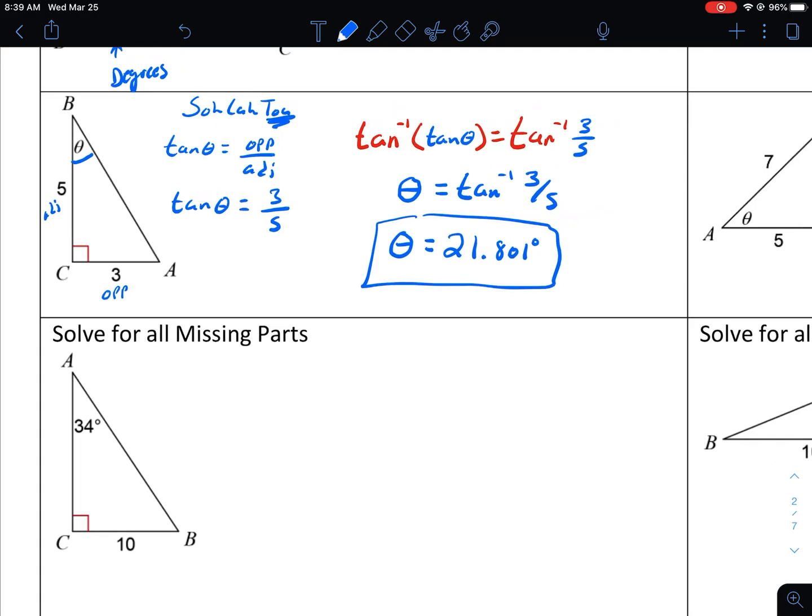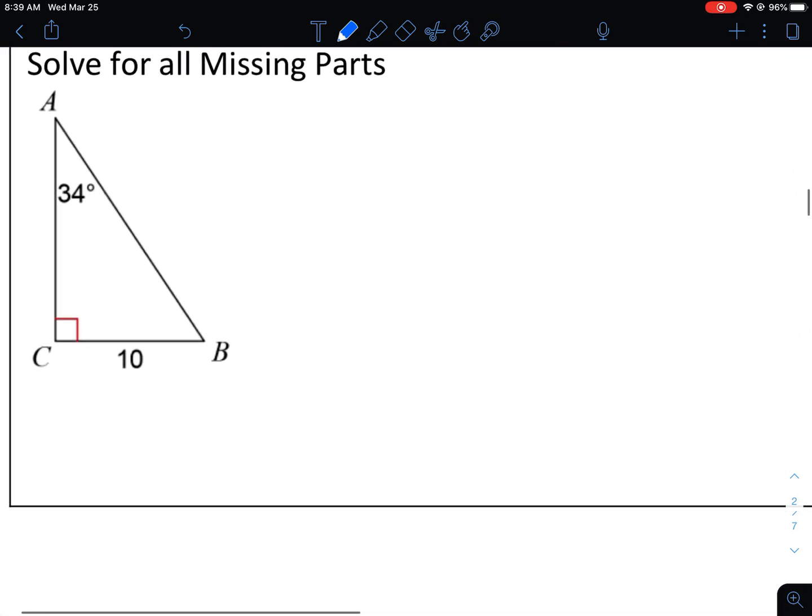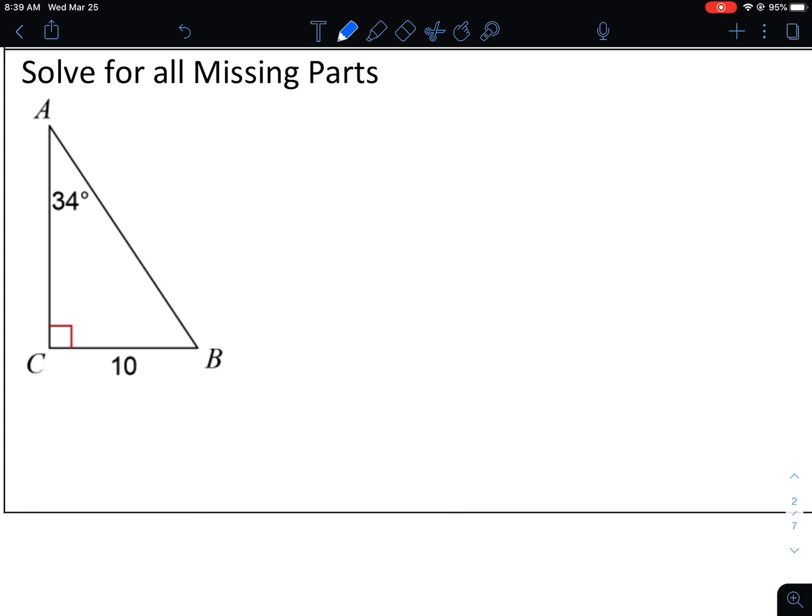All right, let's look at one more of these right triangles here, where it says solve for all missing parts. Now, the way you approach this is you go find the easiest thing there is to get first. And anytime I'm given an angle, in fact, I'm given two angles here because I know that that corner down there is 90.